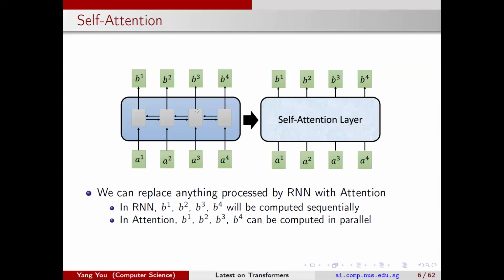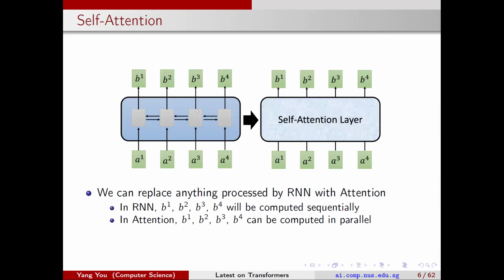Now for the transformer, the rough idea is that anything you can process with an RNN, you can replace with a transformer. Any application where you can use an RNN, you can replace with a transformer.